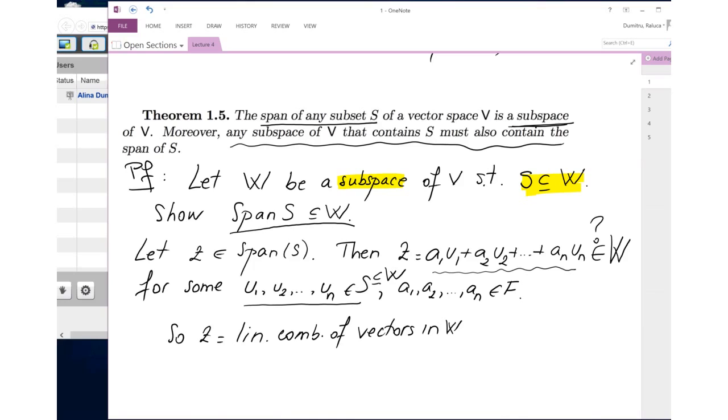So a subspace is closed under addition, is closed under scalar multiplication, so it's closed under any linear combination you take, right? You're still in the subspace. So Z has to be in W, again, because W is a subspace. Okay?